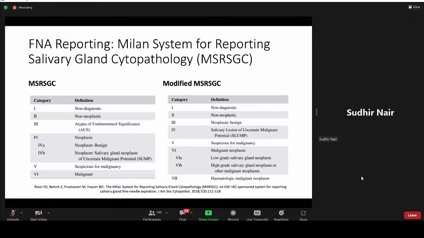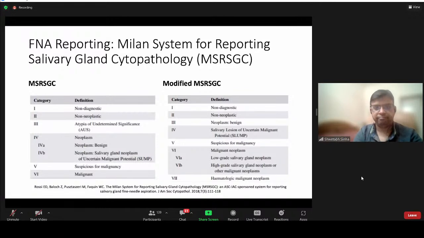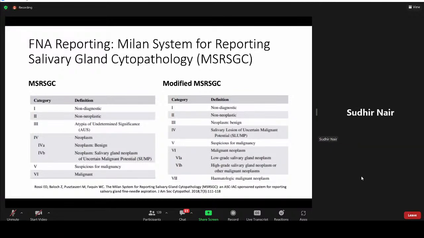I think in our institution, they have not started yet the Milan system for reporting. But I think it will be useful to some extent. Like the Bethesda system, it should be standardized per institute.